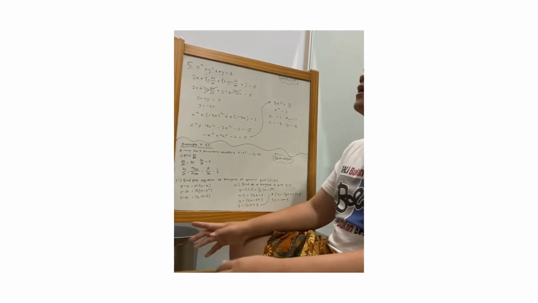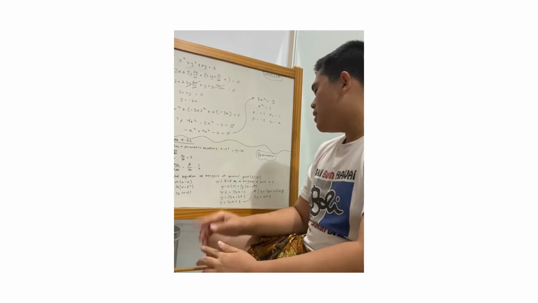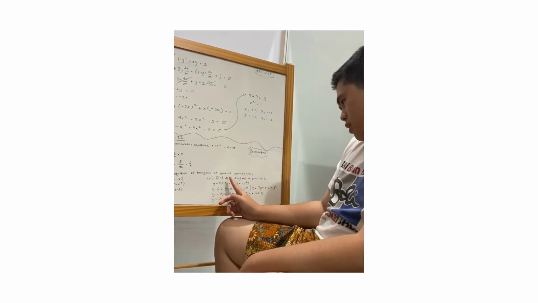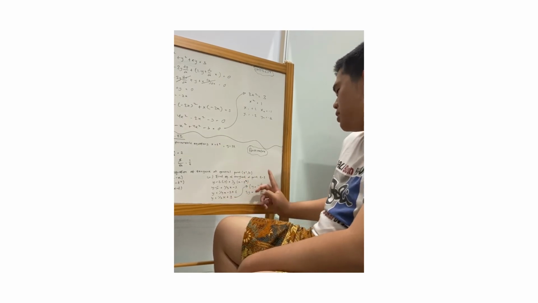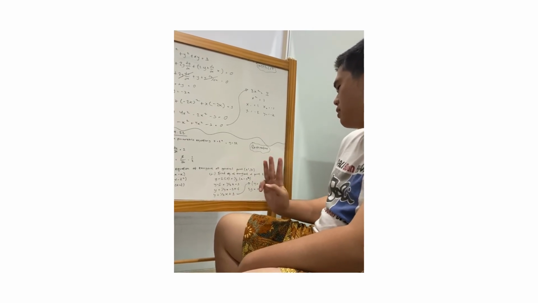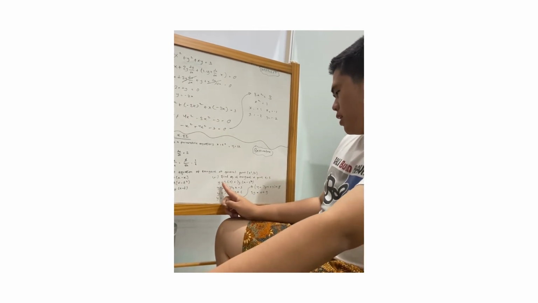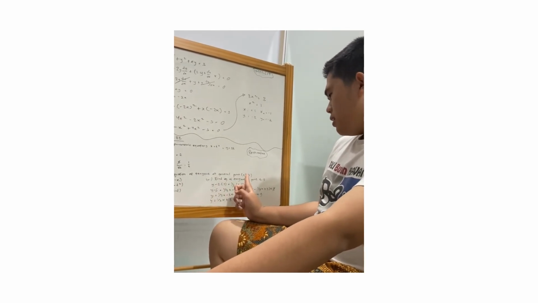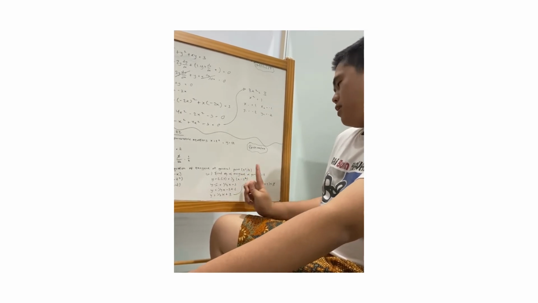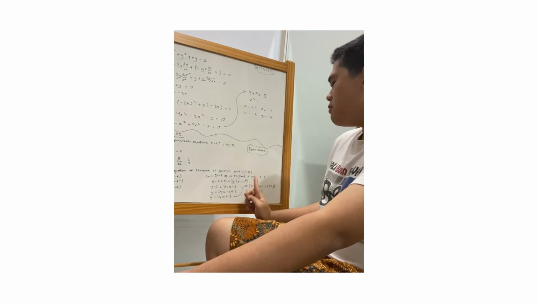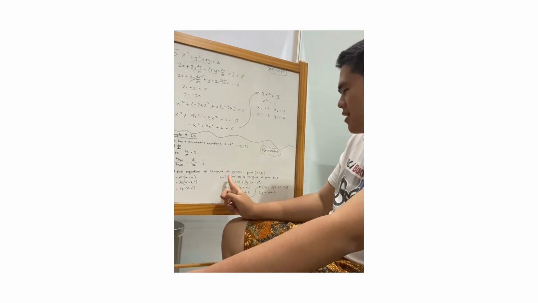And then the last part of the question is part iii. We need to find the equation of the tangent at point t equals 3. How do we do this? We put t equals 3.